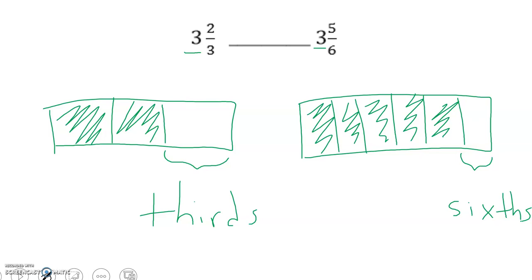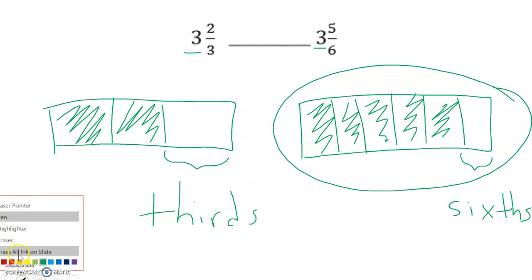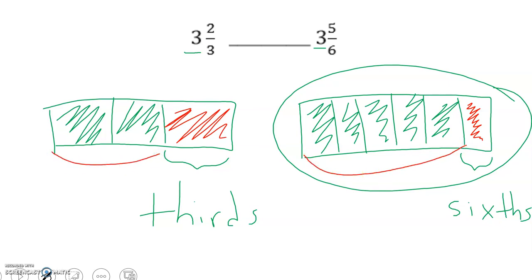So that means this 5/6 is bigger because we only have 1 little sixth left until we fill the whole thing. Here we have 1 huge third to go. That means 2/3 is tiny compared to 5/6. 5/6 is closer to the whole. So guess what? 3 2/3 is less than 3 5/6.